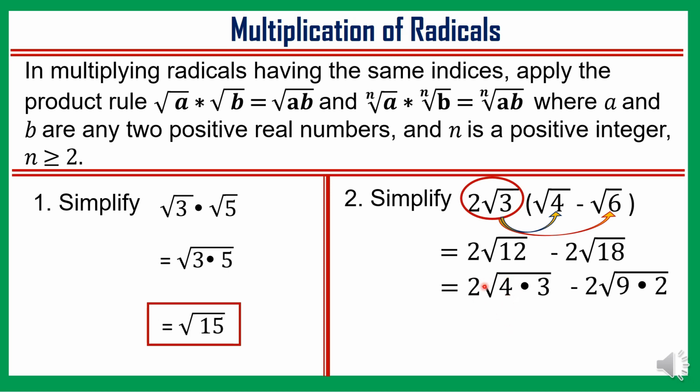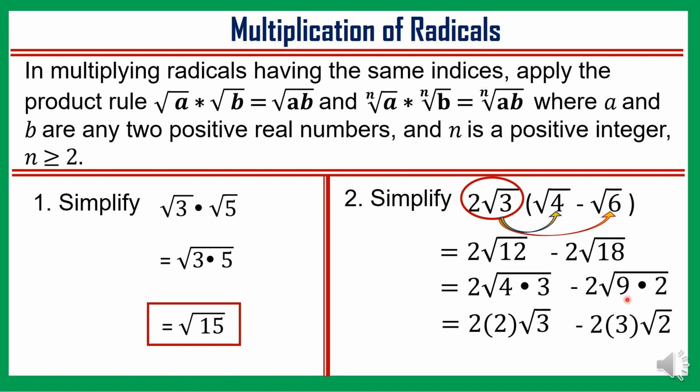Kaya ilalabas natin siya katabi nitong ating real number outside the radical symbol, which is 2 also. So, magkakaroon tayo ng operation na multiplication kapag nilabas natin yung square root ng number natin inside the radical symbol dito sa number na nasa labas ng radical symbol. And then, ang natira dito sa loob ng radical symbol ay yung si 3.